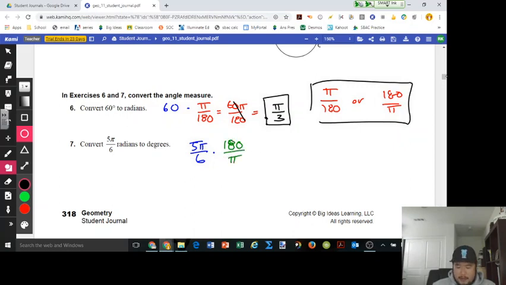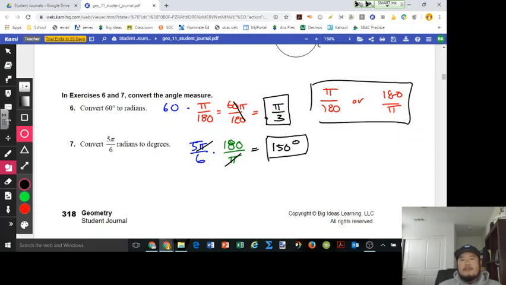Because what ends up happening right here is that pi cancels out nicely. And then we can go ahead and simplify even more, and you can reduce it down. Okay, and so right here in the end, this ends up equaling 150 degrees.